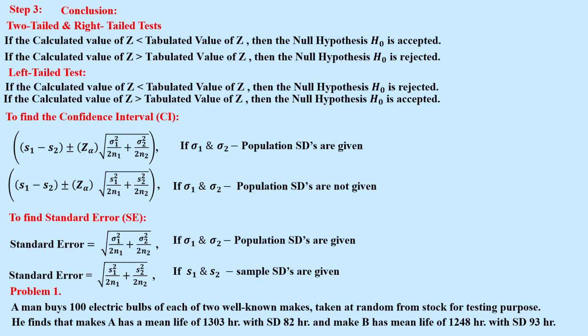He finds that make A has a mean life of 1303 hours with standard deviation 82 hours, and make B has a mean life of 1248 hours with standard deviation 93 hours. Is the difference between the sample standard deviations statistically significant, right?